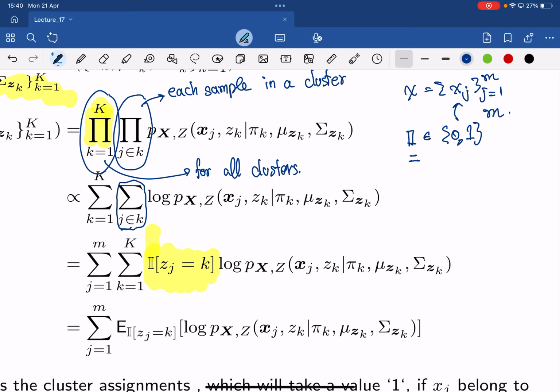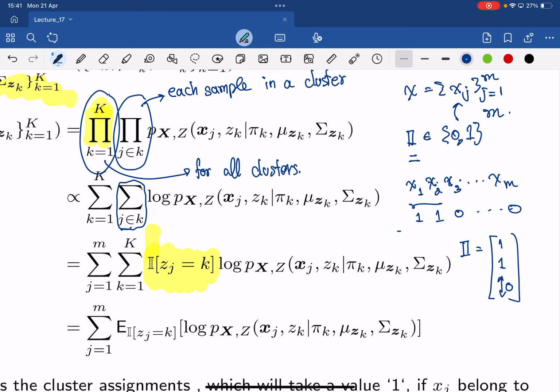If you have x1 up until xm, and you want to select the first and second samples, for example, to be cluster number 1, you can have this I vector equal to 1, 1, and the rest is 0, right? So it selects just those two, and the rest is 0. You don't need the rest.